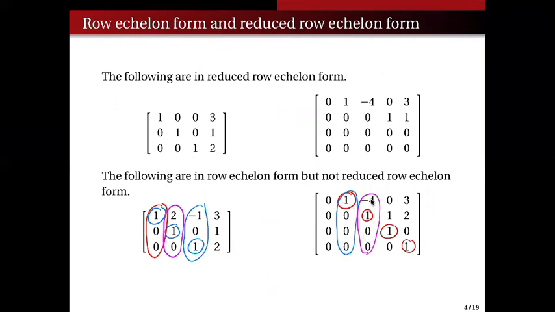This is a pivot column. This is a pivot column. This is also a pivot column. For this example here, this is a pivot position. This is also a pivot position. This is a pivot column. This is a pivot column. Are we clear?